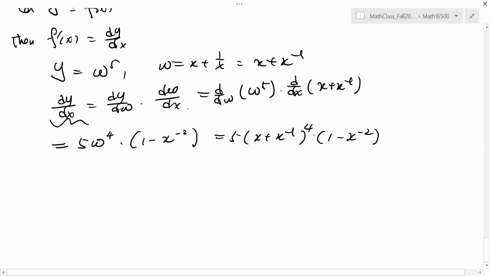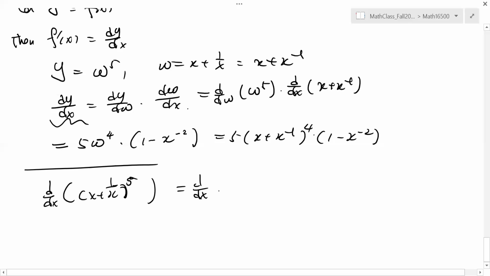Now, can I try to do it directly? If I want to find the derivative of (x plus 1 over x) to the fifth, you can do it directly. You can write it in the following form if you want. You view this as w to the fifth, where w is going to be x plus 1 over x. You let w denote x plus 1 over x.